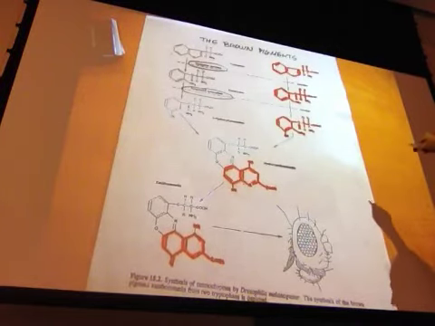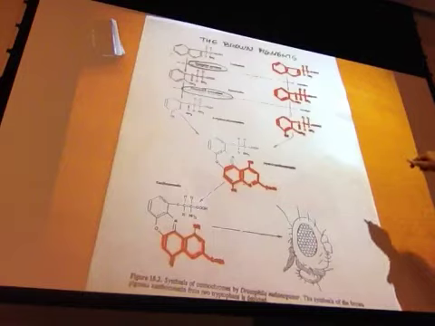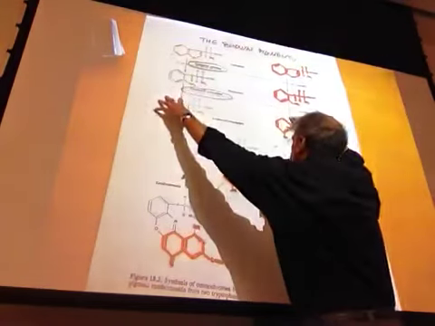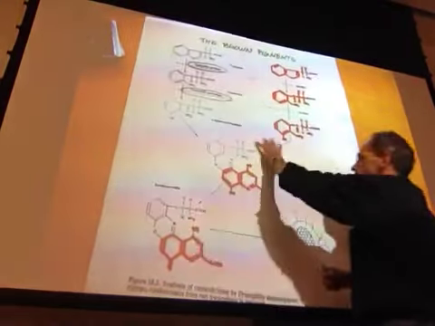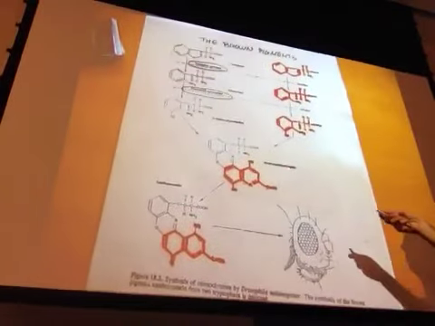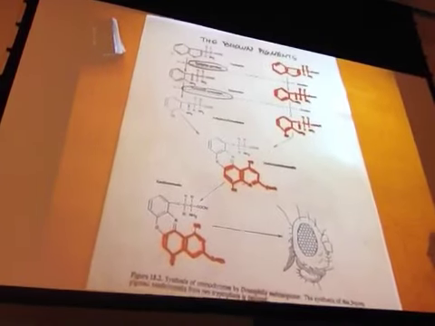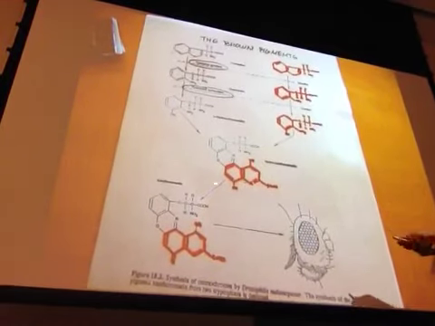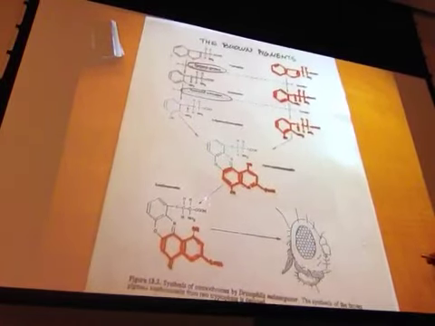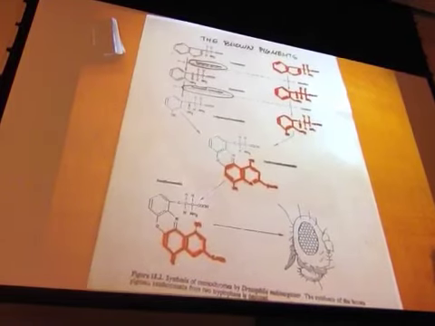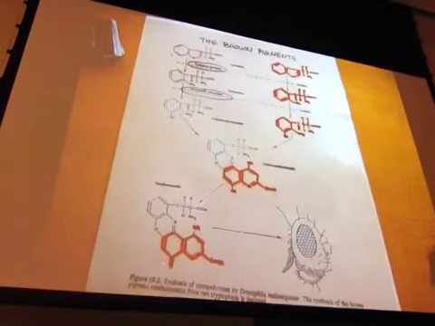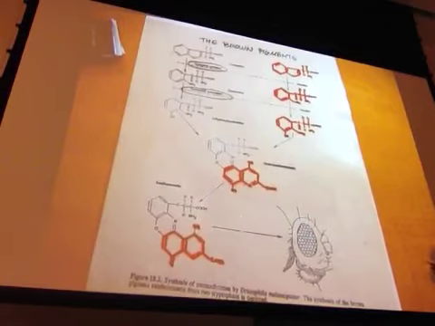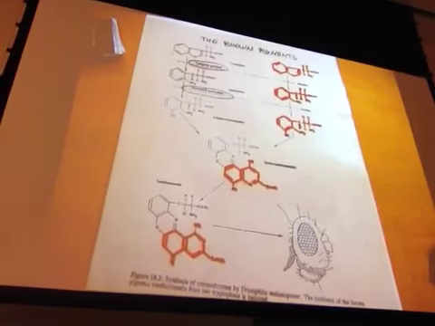See, it's in parallel. And then you take 2 of these and put them together like this. Enzyme does that. That's hydroxoxanthomatin. And then still another enzyme converts this OH group to a carbonyl group, double bond O. And now you have xanthomatin.